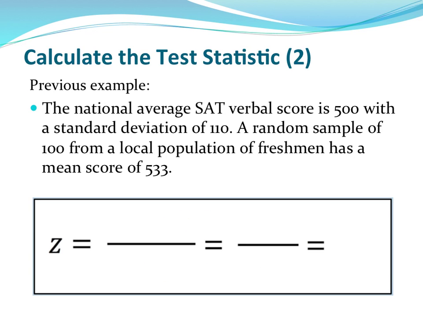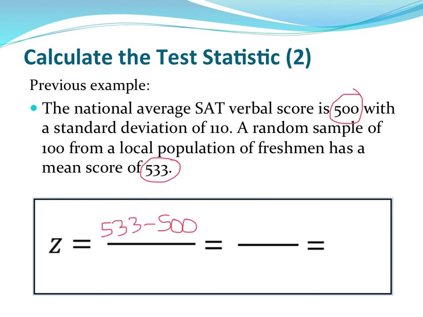Let's take our previous example looking at the local population of freshmen. We know that our sample mean is 533, and we are testing to see how that compares to our population mean of 500. So the top of our equation would be 533, our sample mean, minus 500, our hypothesized population mean.